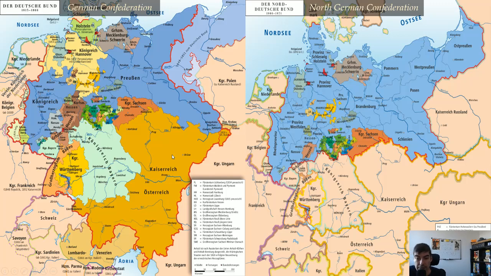And these states also formed a customs union in 1834, and after the Seven Weeks' War in 1866, the Prussians formed this new confederation, which is called the North German Confederation, okay? And they expelled the Austrians, which are here, from this confederation. So Prussia led this new, not state, but this new political entity, okay?